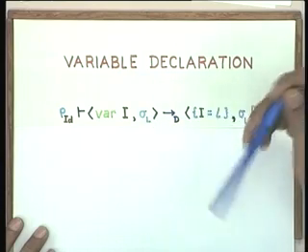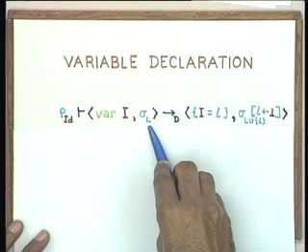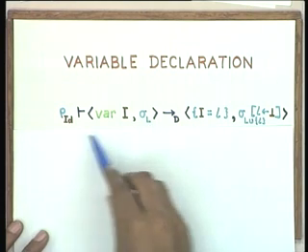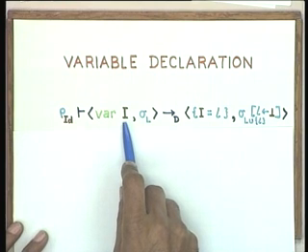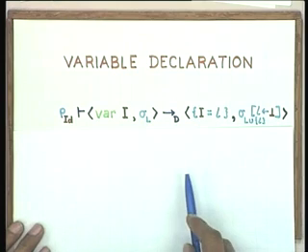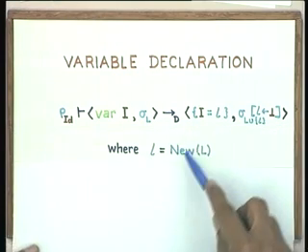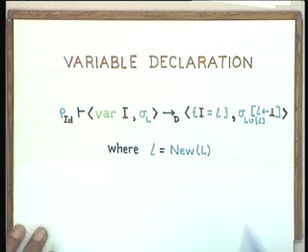However, in the case of a variable declaration, firstly what it means is that given a state, given a store sigma based on the set of locations L, given an environment already which has a collection of identifiers, when you encounter a new identifier, or it could even be an old identifier which is already present in this, then firstly what you do is you acquire a new location, and this new is very important in the sense that you are acquiring a location that has so far never been used.